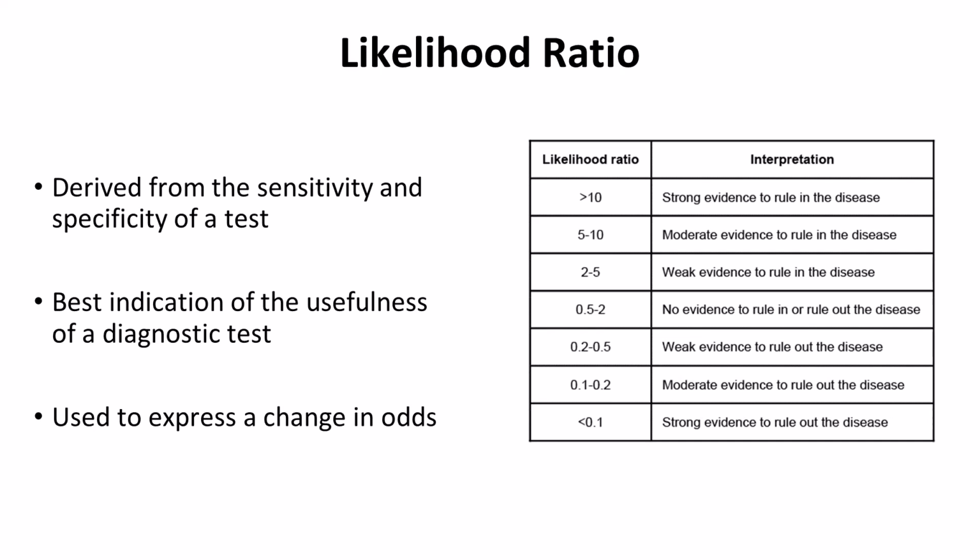If you have a likelihood ratio that's greater than 10, looking at the chart on the right-hand side of the slide, this is really strong evidence to rule in the disease or the problem. But if you have a likelihood ratio that is less than 0.1, that's strong evidence to rule out the disease. It's really just changing your odds of having or not having the disease.